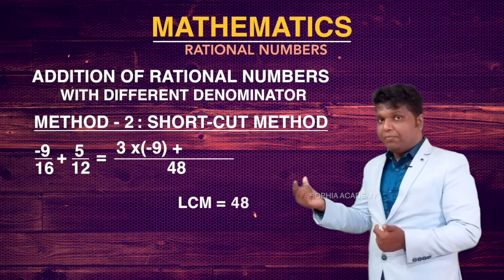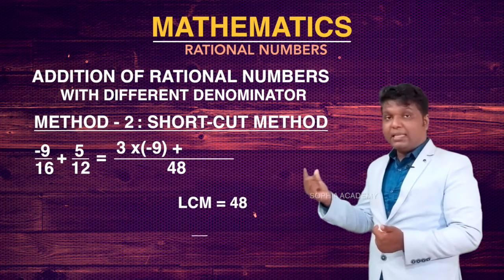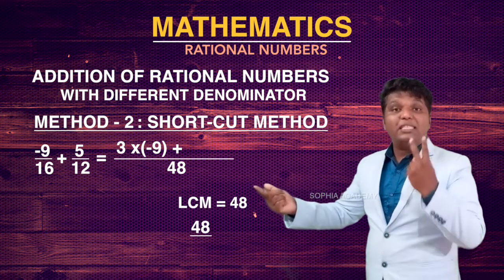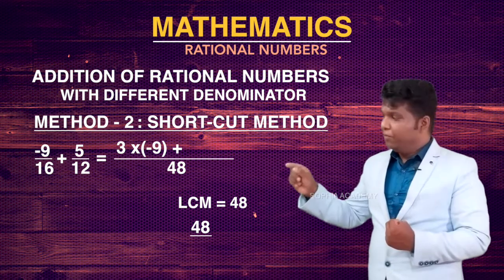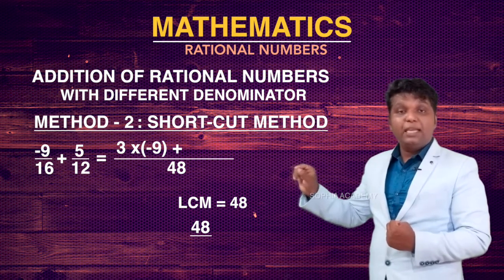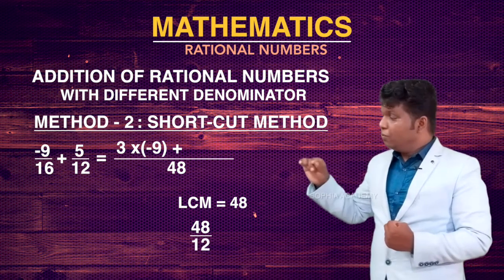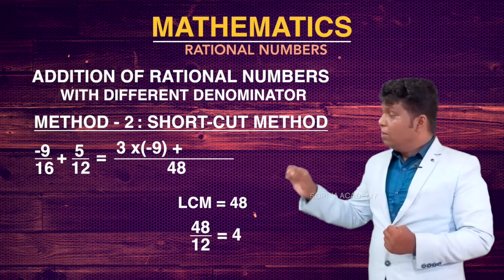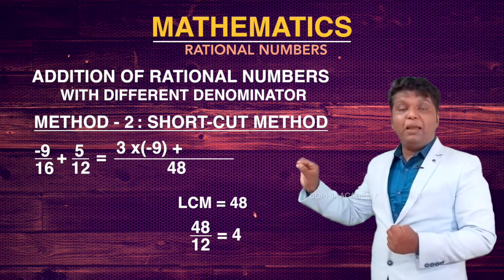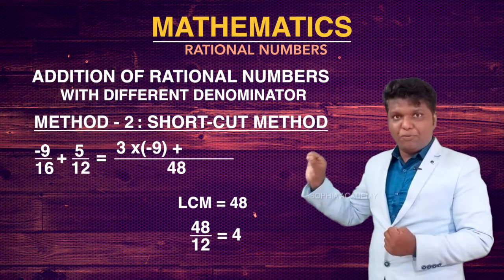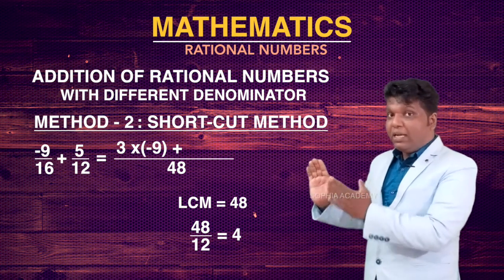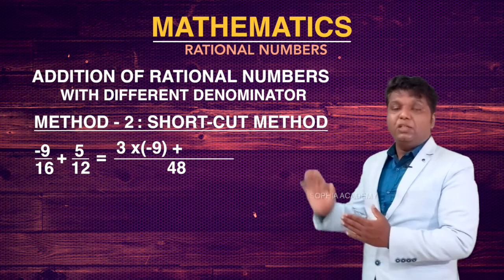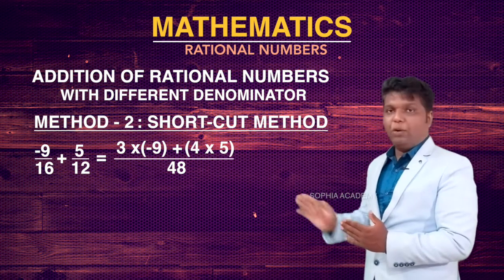Take the LCM, it is 48. Divide this LCM by the denominator of the second fraction. What is the second fraction's denominator? It is 12, right? So 48 divided by 12 is 4. So 4 multiplied by the numerator of the second rational number, which is 5. So we will write there 4 into 5.